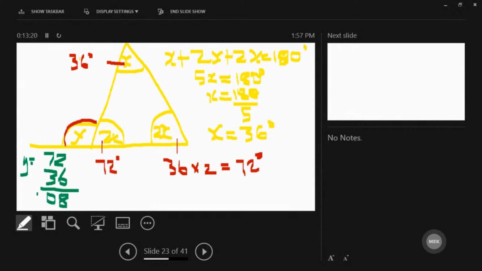But how else could we have found y? There's another way that we could find y, other than to say it is the sum of the 2 opposite interior angles. Which other rule could we have used to find what y is? Who remembers?